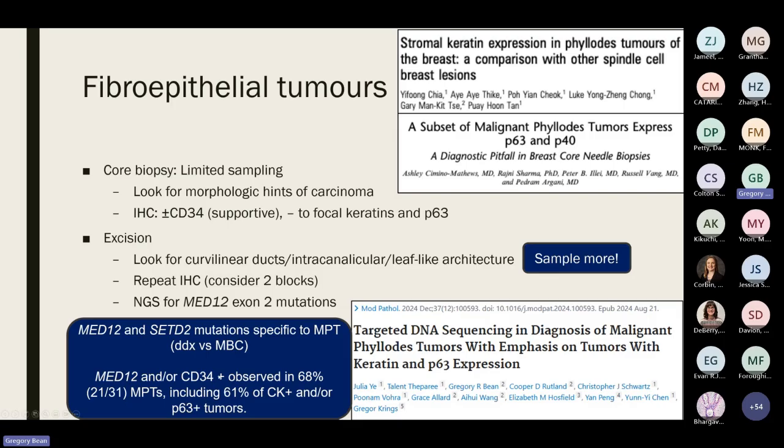So you can use IHC and NGS when you have these cases that the morphology still isn't cooperating with you despite more sampling.